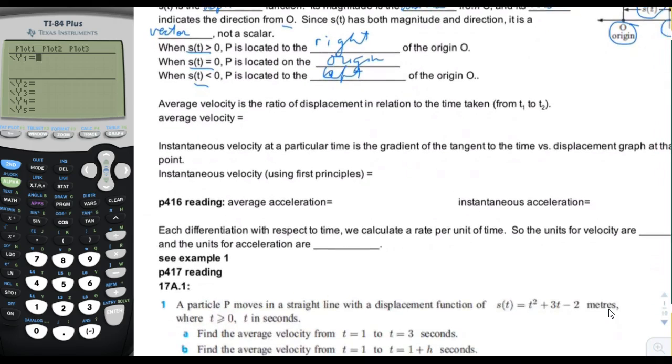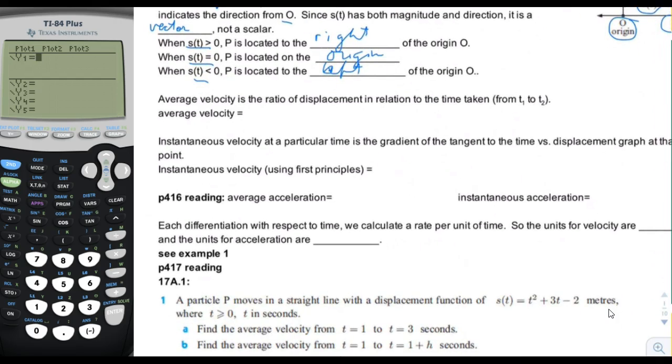Okay? Average velocity is the ratio of displacement in relation to the time taken. So you could take the second displacement minus the first displacement divided by the difference in the two times, T2 and T1.